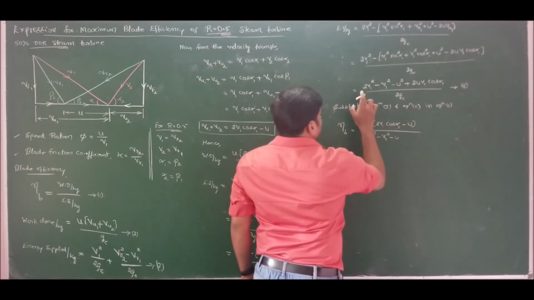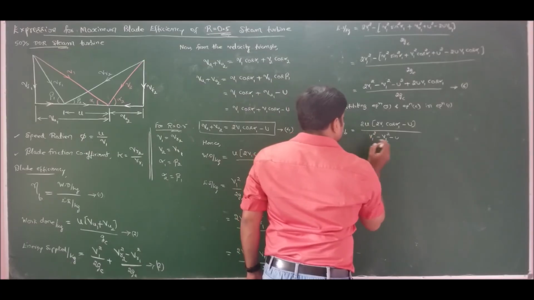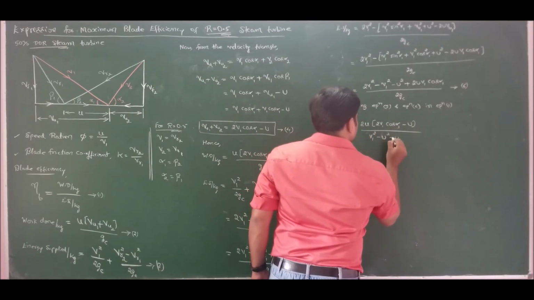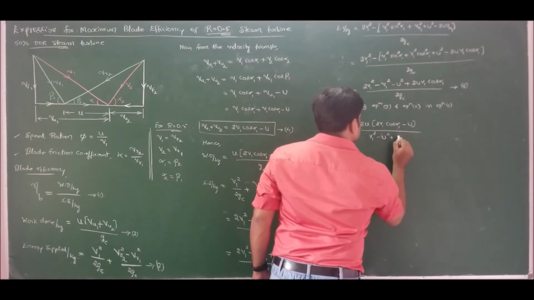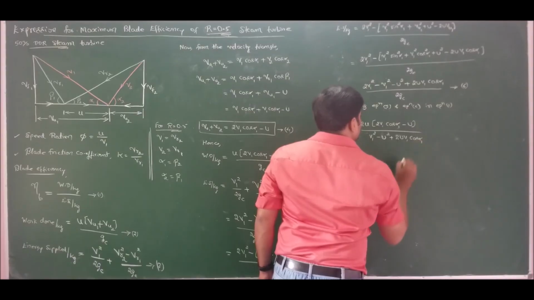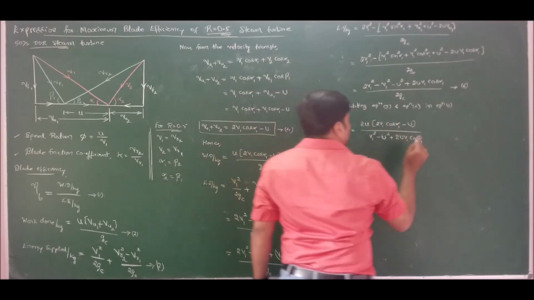So 2v1 square minus v1 square will become v1 square, that's it, right? And this will be u square plus 2u v1 cos alpha.